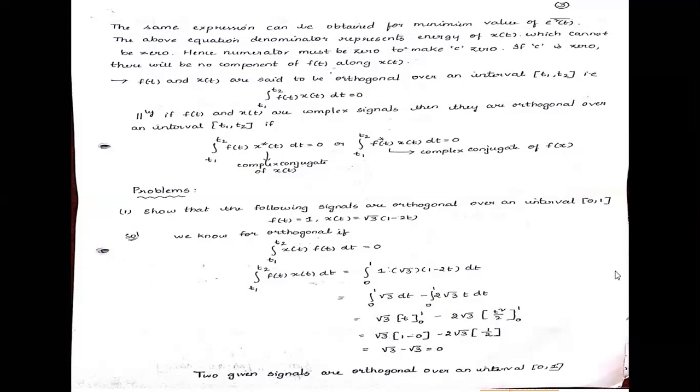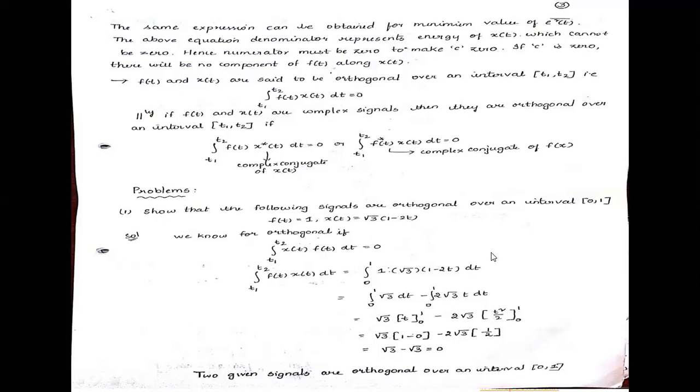What we got: the integral from t1 to t2 of x(t) f(t) dt becomes 0 for the given signals, f(t) equal to 1 and x(t) equal to root 3 of (1 minus 2t). Both the given signals are orthogonal to each other over the interval 0 to 1.